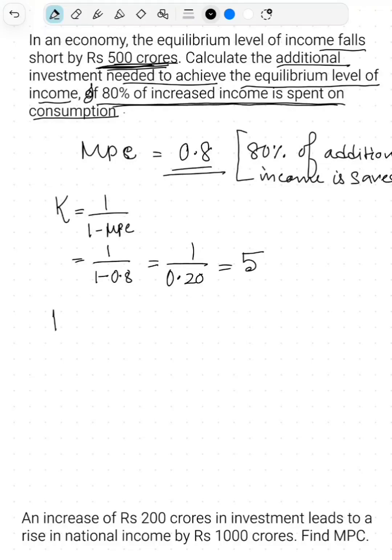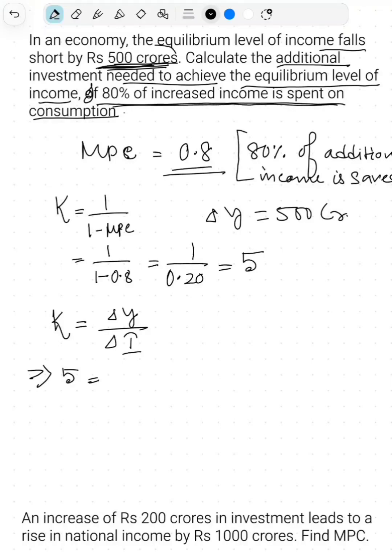Next, again using the formula of multiplier, which is change in Y divided by change in I. The multiplier is 5. Change in income is 500 crore. So 5 is equal to 500 divided by change in I. So therefore, change in I is equal to 100 crore.